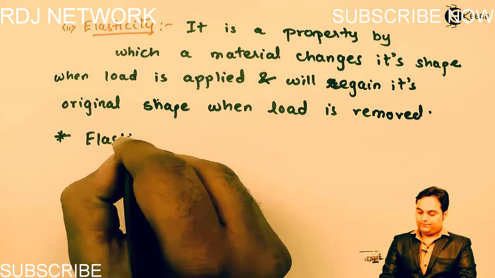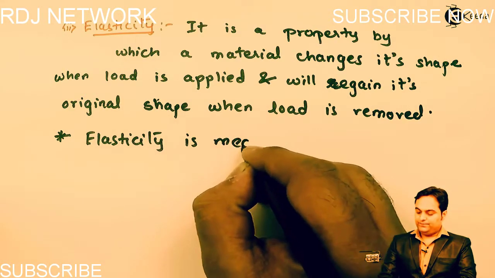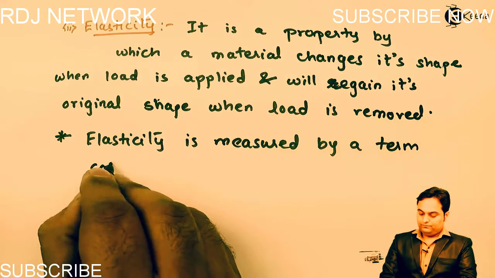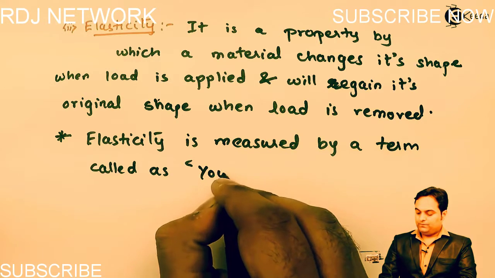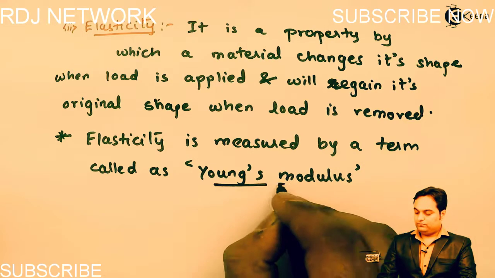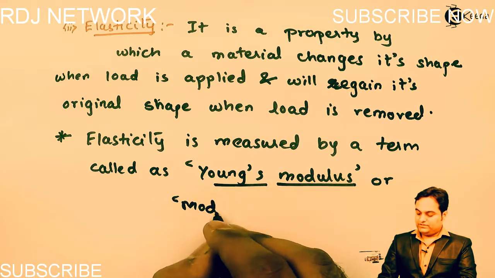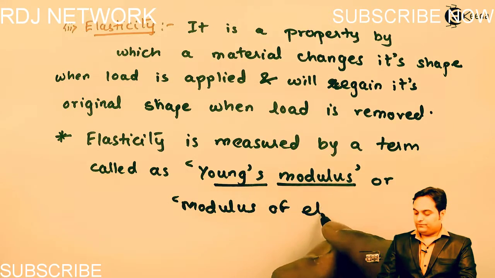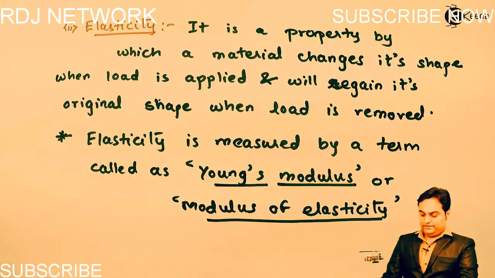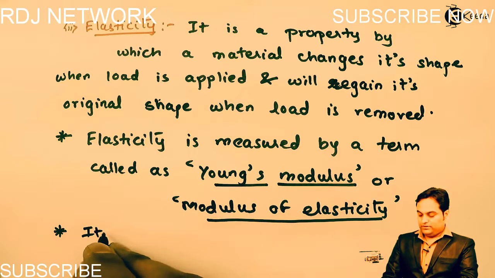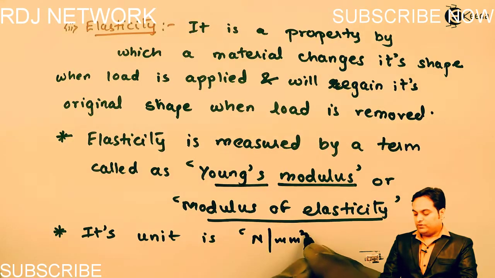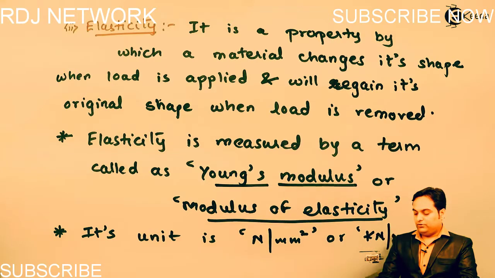Elasticity is measured by a term called Young's modulus or modulus of elasticity, and its unit is Newton per mm square or kilonewton per mm square.